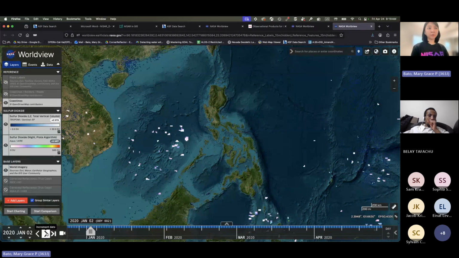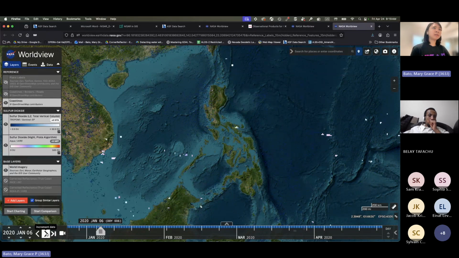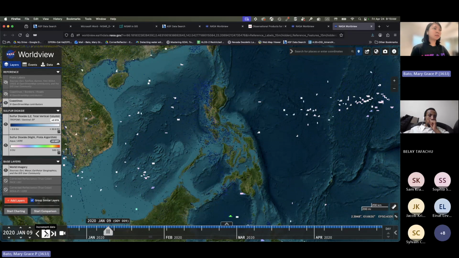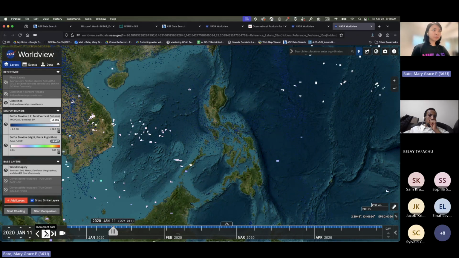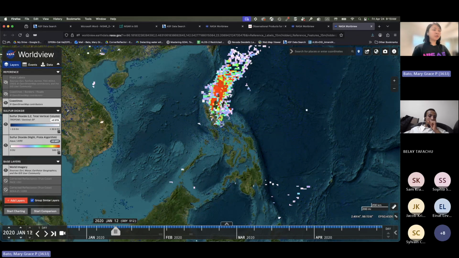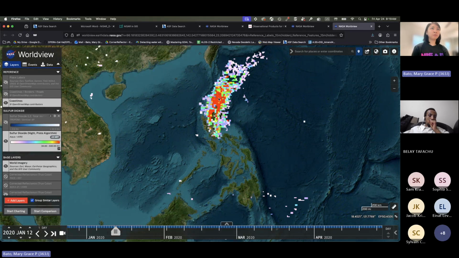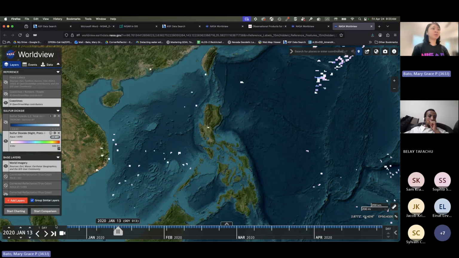January 1, the eruption happened January 12th. So wait for it. You can see blue is the TROPOMI, and then the other color is from the Aqua data. So that's January 12th. If I turn the TROPOMI off for a bit, you can see that is the range of the SO2 detected by the satellite, and then it went away quickly the next day.